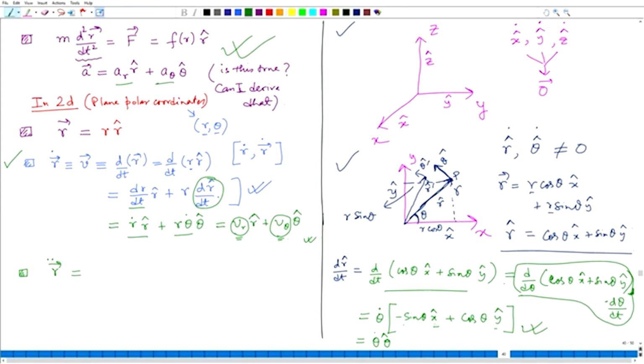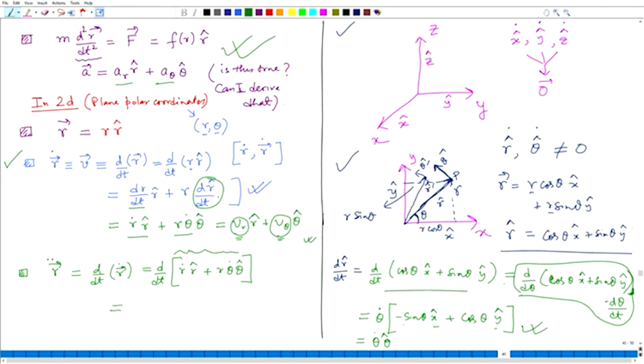So, r double dot is again d/dt of the r dot vector. Now, we know this is r dot r cap plus r theta dot theta cap, and every one of them is a function of time. No one is necessarily constant.